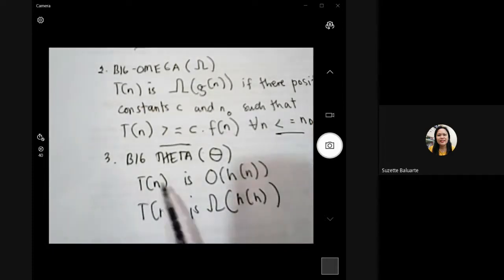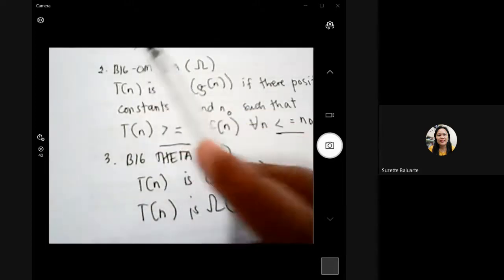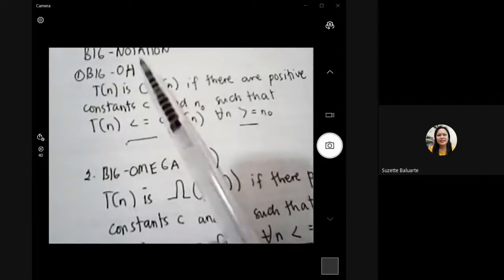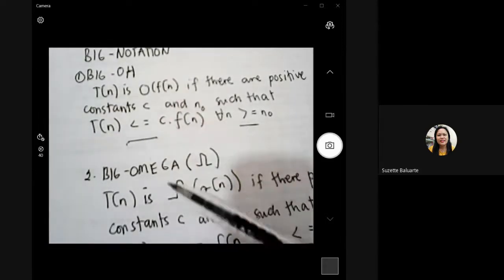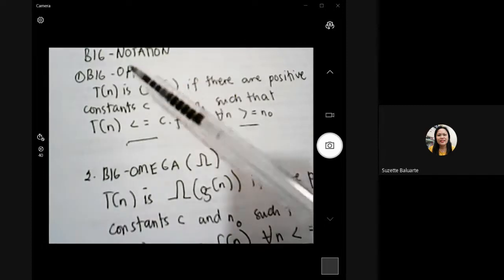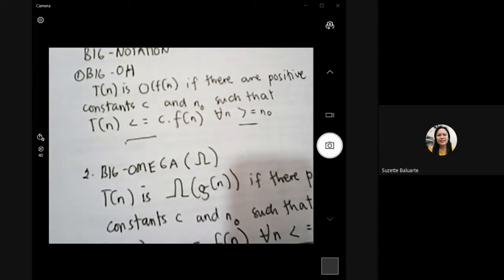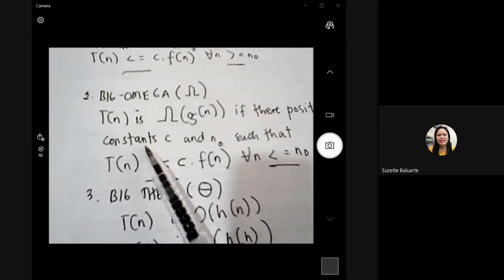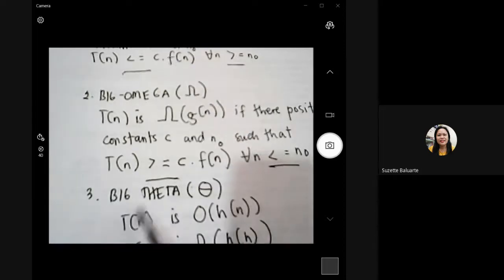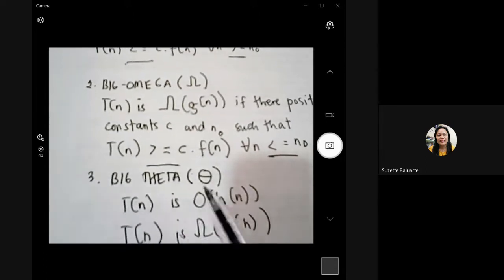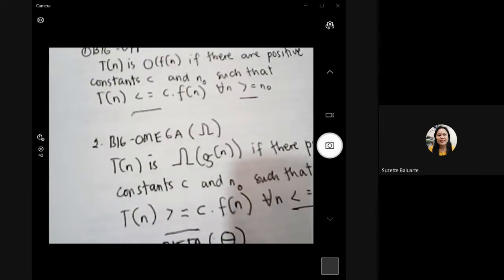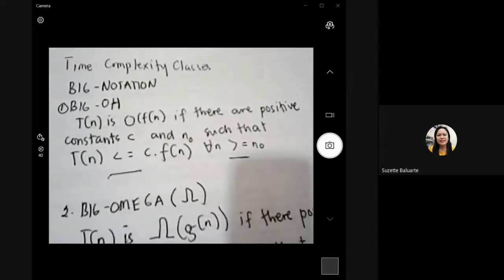In other words, you can say it is big theta if you can prove that T of n is both big omega and big O. If it is only big O and not big omega, then it is not big theta. The same with big omega that is not big O. Therefore, it's not big theta. Okay, you can screenshot the definition of big O.